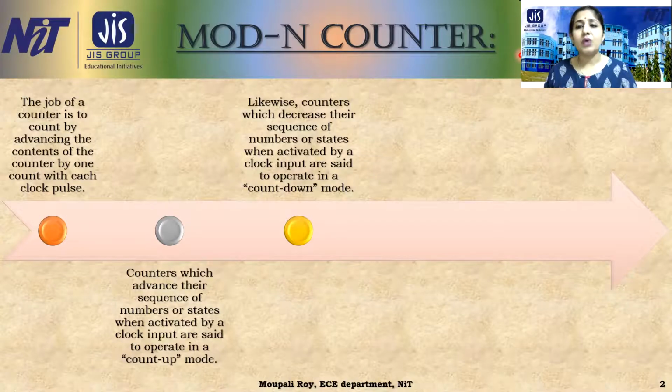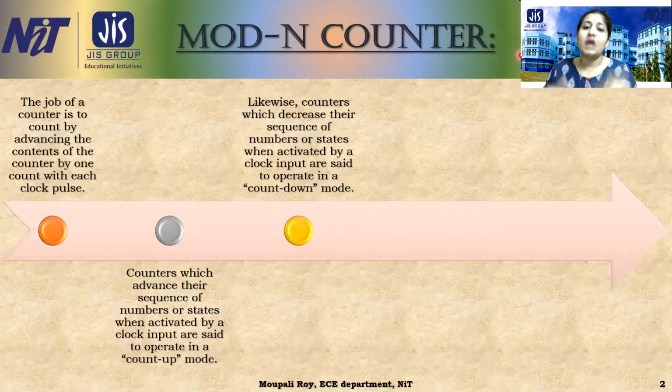Count means we want to count a number. Suppose we want to count 0 to 9 or 9 to 0. If we want to count 0 to 9, we count up: 0, 1, 2, 3, 4, 5, 6, 7, 8, 9. If we want to count down, then count down means 9, 8, 7, 6, 5, 4, 3, 2, 1. So that is the countdown.